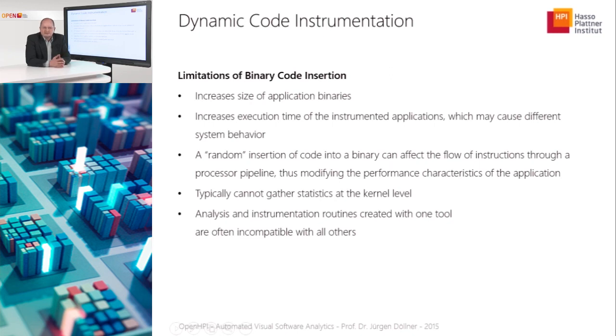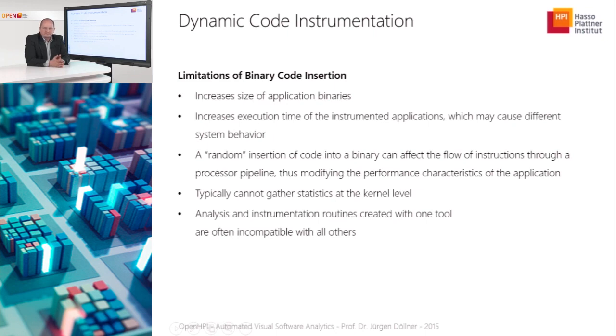A random insertion of code into a binary can also affect the flow of instructions through a processor pipeline, thus modifying the performance characteristic of the whole application. Some tools use this random insertion principle.